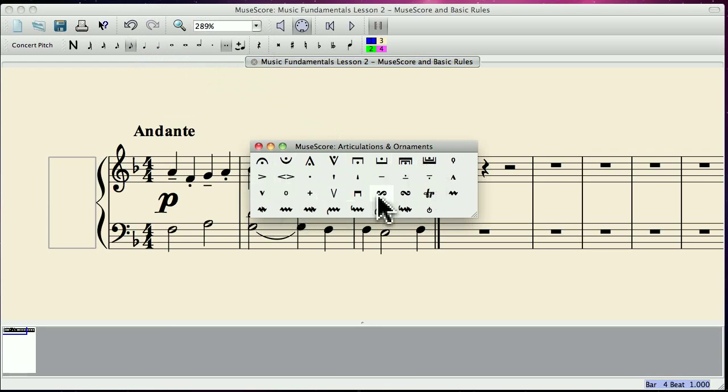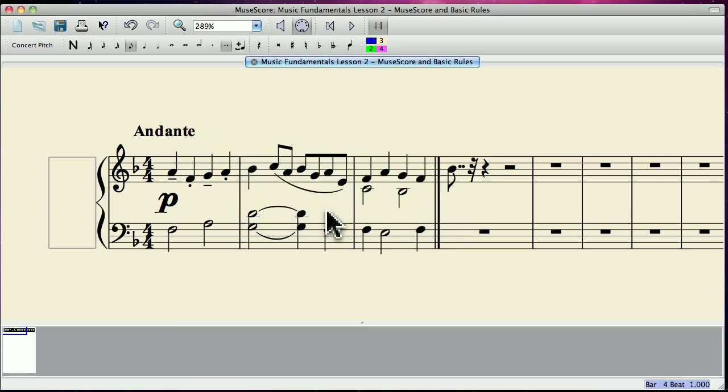I'll have a different tutorial on articulations, or I'll explain them as they come up in future lessons. So I won't say much about those now, but that's what they are. Sometimes they occur next to the note head, and sometimes they occur above the note. So those are articulations.